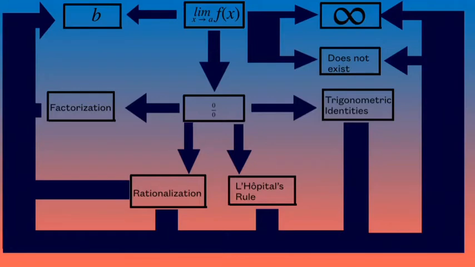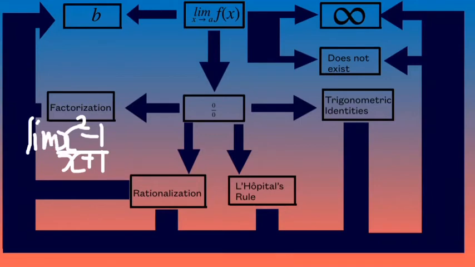The first is just factorizing. So you have something like x squared minus 1 over x minus 1, and the limit as x approaches 1.